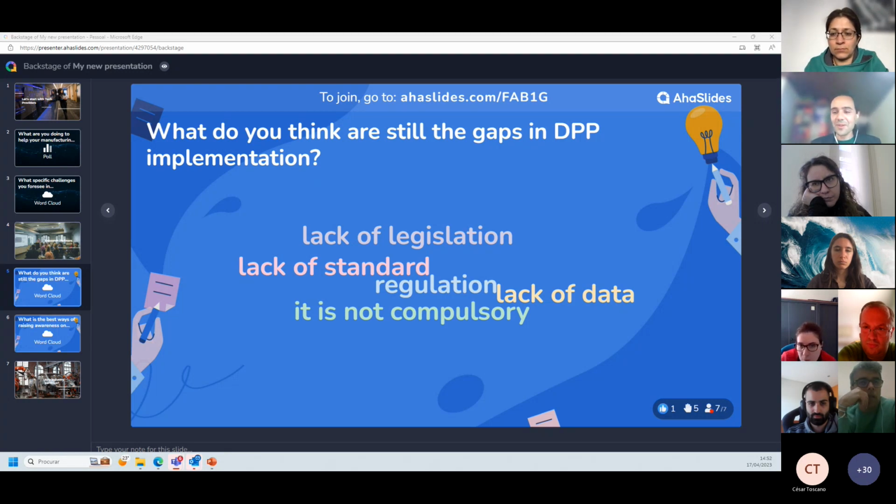Yeah, and there is a very good point that Eniko raised, that is the interchangeability of data between different DPP systems. That is an important topic. Within Sistrade, we are doing a little bit of lower level work in that aspect.